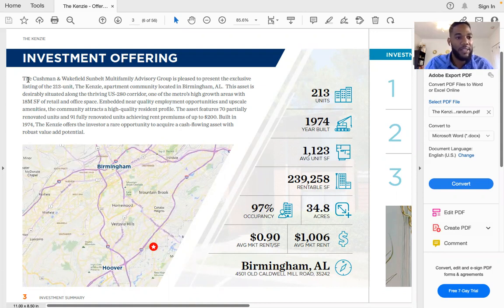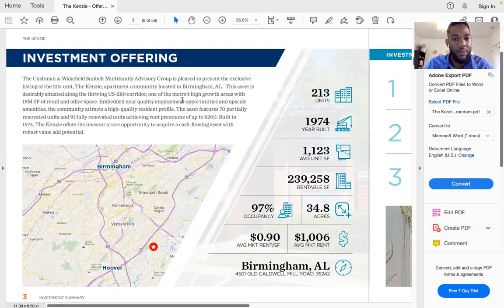So let's read through. It says, the Cushman & Wakefield Sunbelt Multifamily Advisor Group is pleased to present the exclusive listing of the 213-unit Kenzie apartment community located in Birmingham, Alabama. This asset is desirably situated along the thriving US 280 corridor, one of the metro's high growth areas with 18 million square feet of retail and office space.